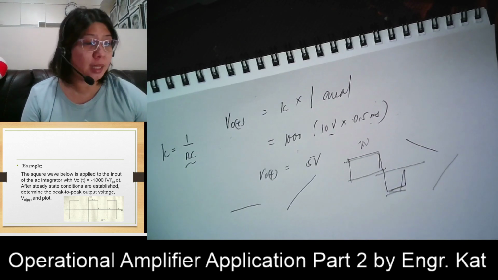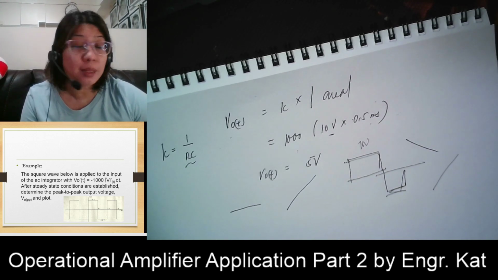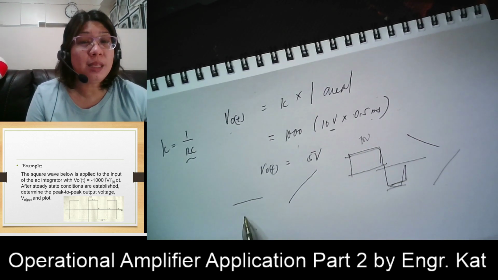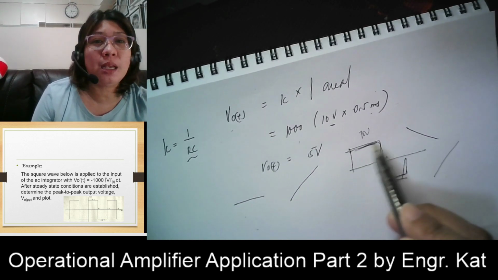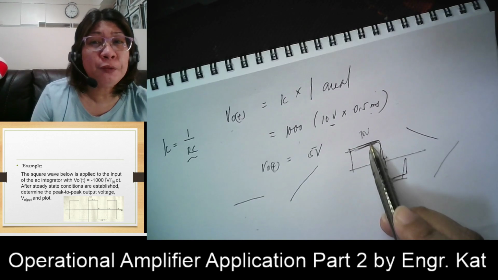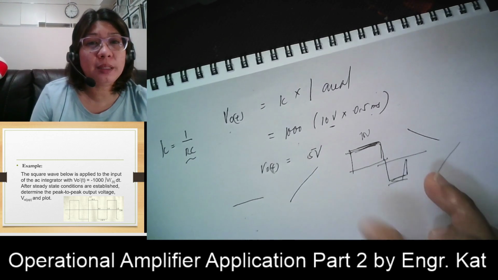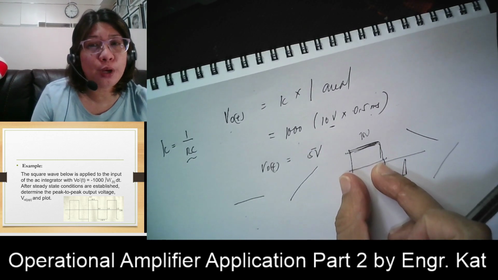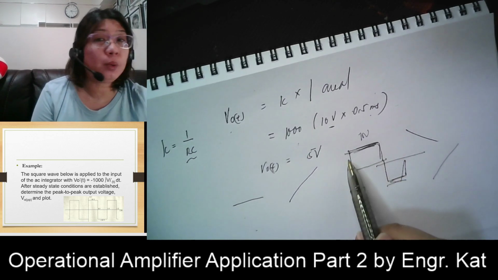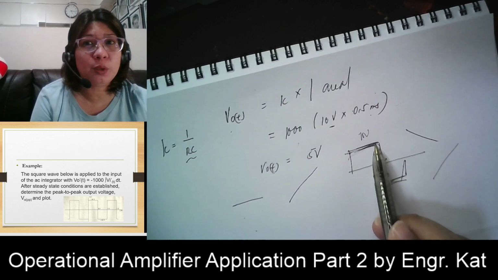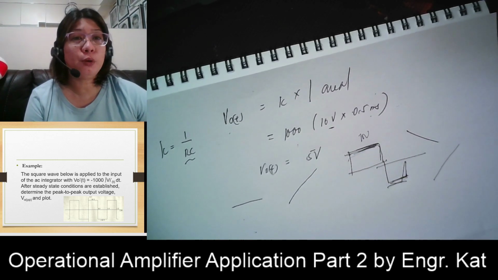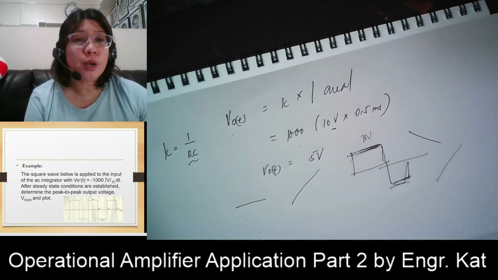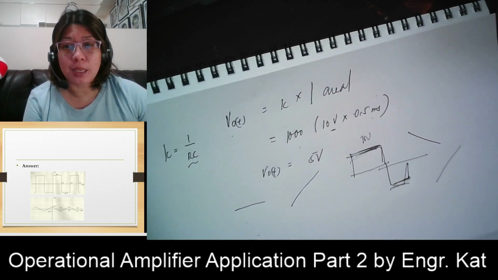Okay, so combining now the two so that we can plot. An integrator has DC as your input and a ramp as your output. For the entire duration of your cycle, this is equivalent to 10 volts, and for the entire duration of this cycle, it is equivalent to negative 10 volts. If you plot that now, your output will look like this.